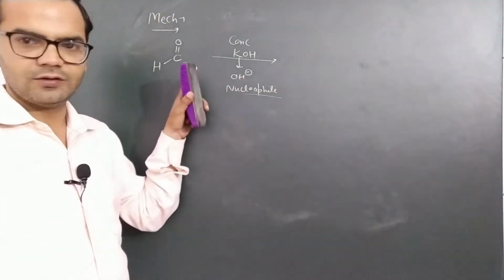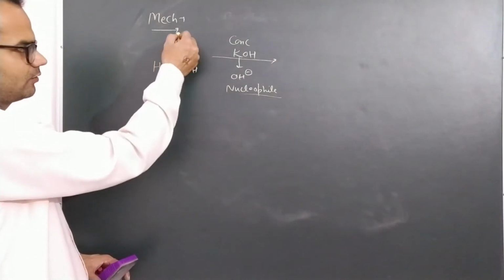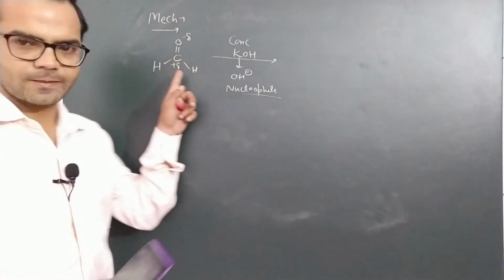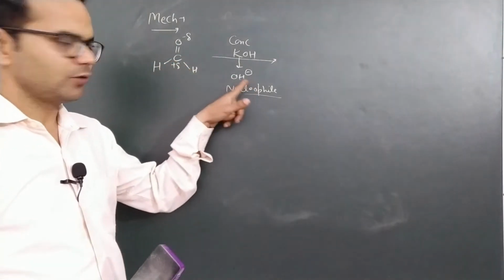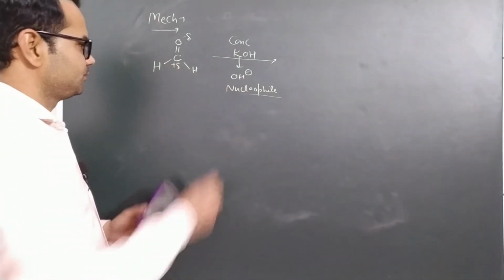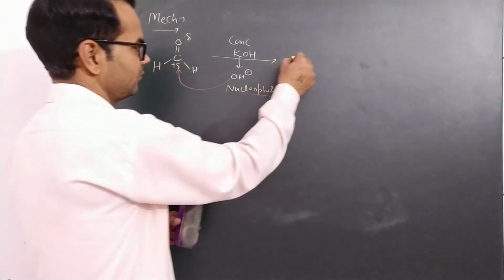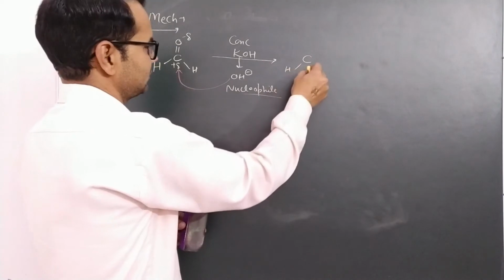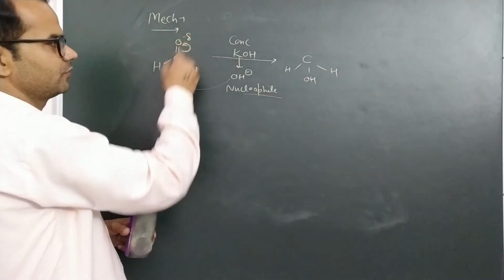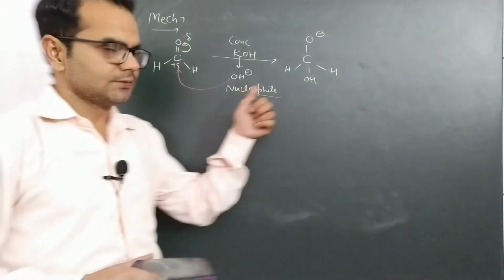The nucleophile will look for a positive center, and here we have a positive center. Oxygen is more electronegative, having partial negative charge, so there is a partial positive charge on the carbon. So this nucleophile will attack the positive center. So what will we obtain? We will obtain HOCH2O negative, as the pi electrons shift to oxygen, so oxygen will show negative charge.